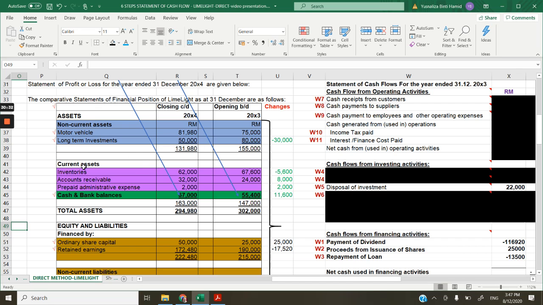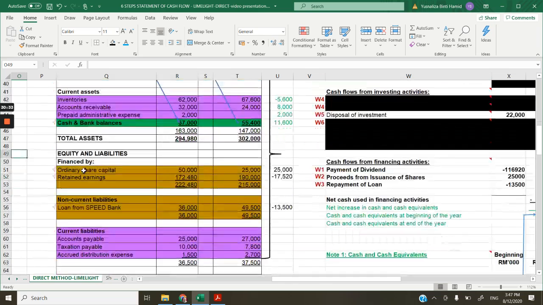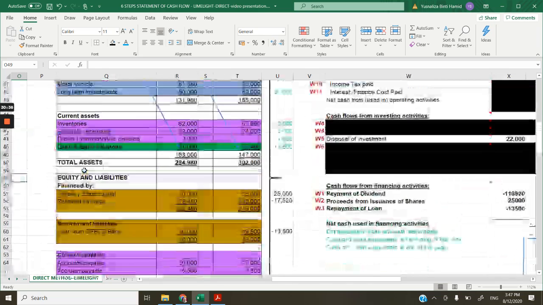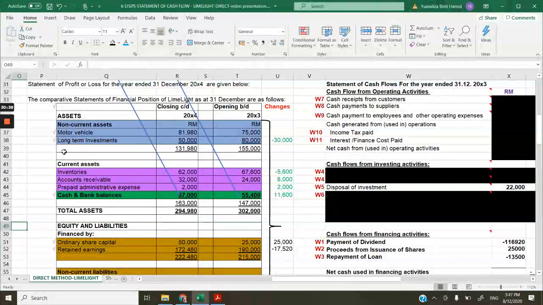To know that, if you check your SOFP or the statement of financial position here, you will see that there is no accumulated depreciation account. If you are having that situation, you would say that this is actually motor vehicle at carrying value, right? Motor vehicle at carrying value. So the carrying value is actually where you have already deducted the cost with the accumulated depreciation.